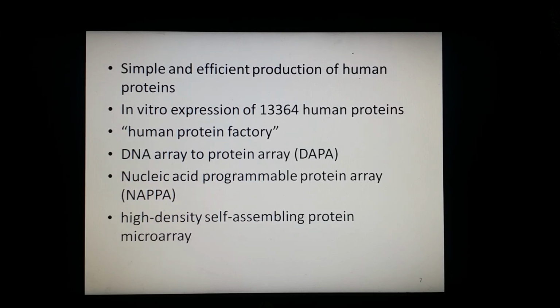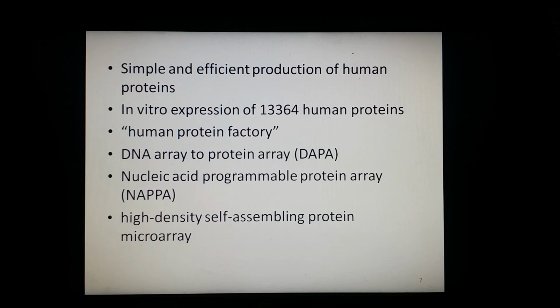Moreover, high throughput production of human proteins using different methods is being developed to make the protein array approach more practical, and recently a simple and efficient production of human proteins using the versatile gateway vector system has been developed.